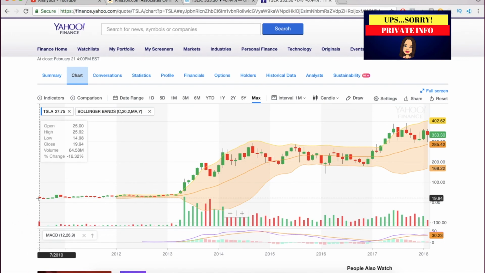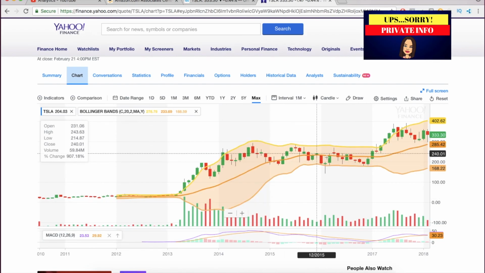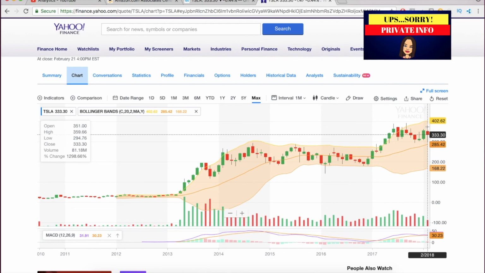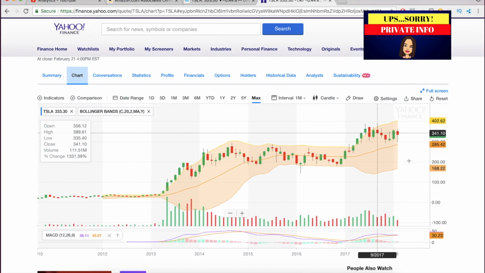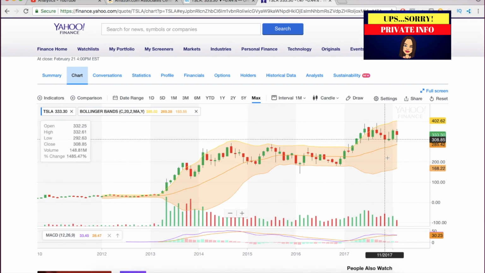So the first price was in 1994, as you can see all the way to the right. And as of today, the price is at 333 with a forecast of a highest of 402 and a lowest of 168. So they actually give you the actual price point projections based on historical and available current data.